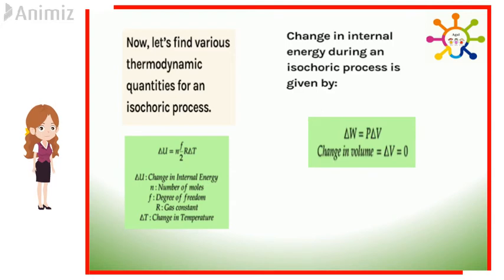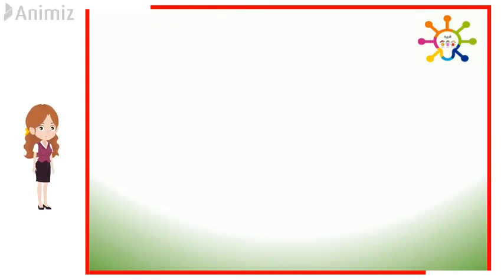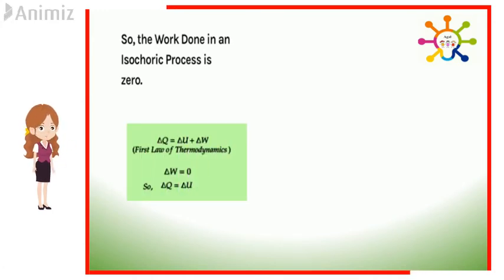Work done during an isochoric process is given by del W is equal to P into del V. Change in volume is 0, so del V equal to 0. Therefore, del W is also equal to 0 for isochoric process. So, the work done in the isochoric process is 0.